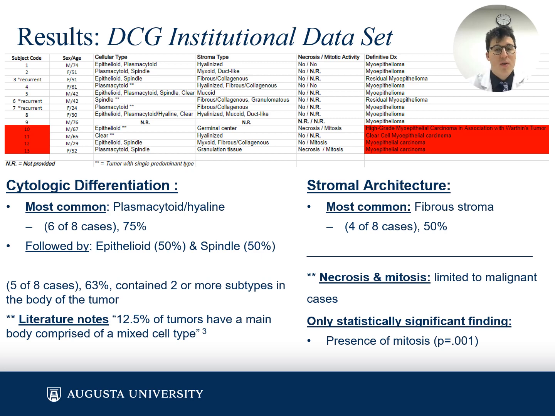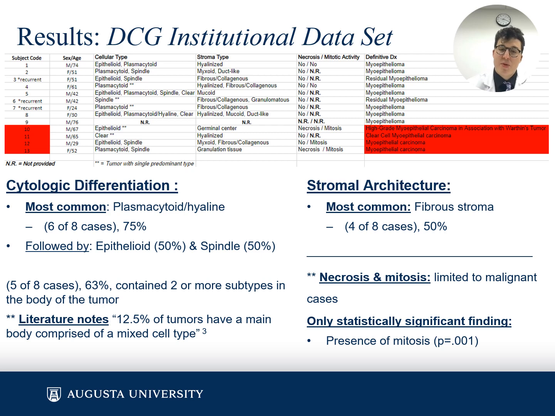With regards to the histology side of things, our most common was plasmacytoid hyaline, followed by epithelioid and spindle, at 75%, 50%, 50% respectively. This does not add up to 100 due to the fact that these tumors will present with often 2 or more cell types in the body of the tumor, described as a mixed cell type tumor. The literature reports 12.5% of tumors are mixed cell type.